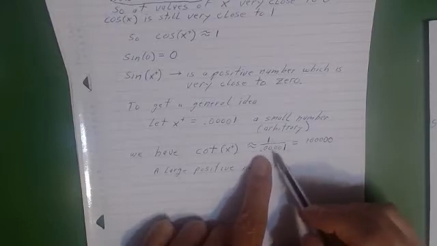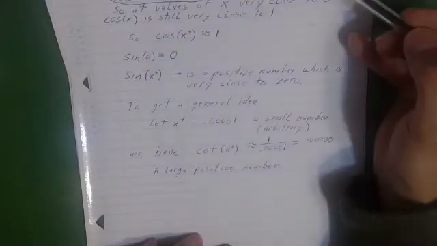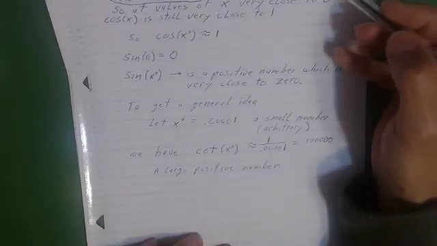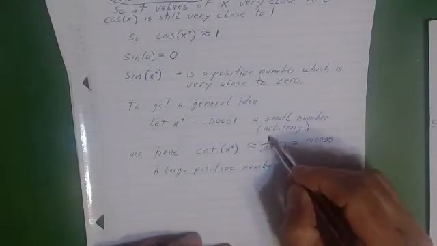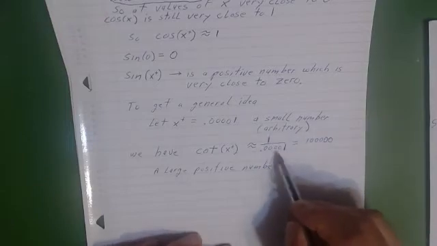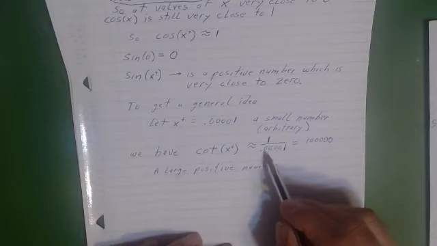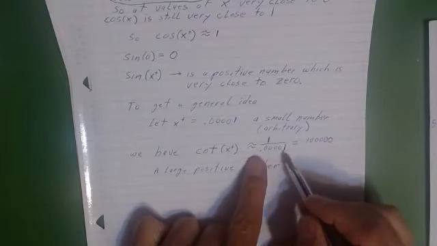So what we see here is at x plus, as we're approaching x from the right, our cosine stays pretty close to 1. It may be 0.99999, but it's something very close to 1. This number is getting very close to 0, but it's still a positive number, and it gets smaller and smaller the closer to 0 you get.